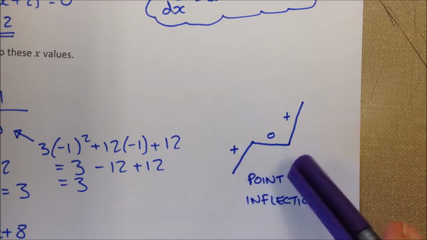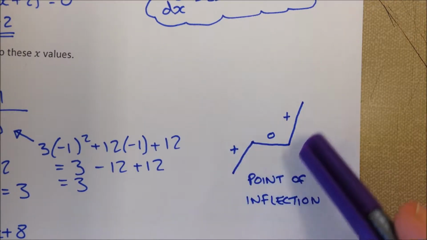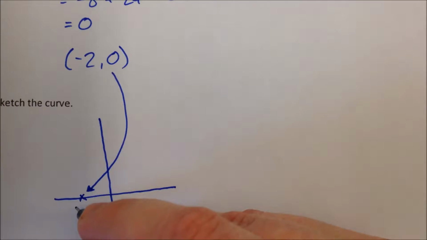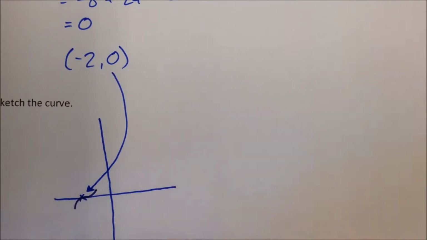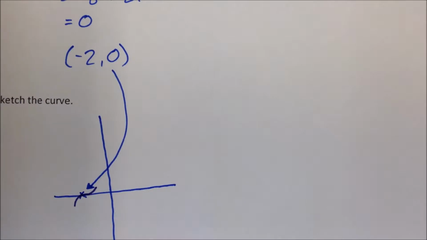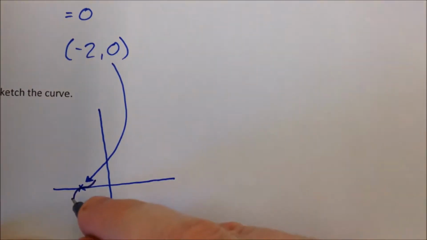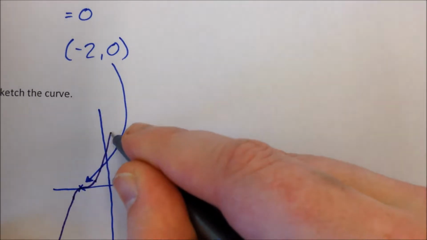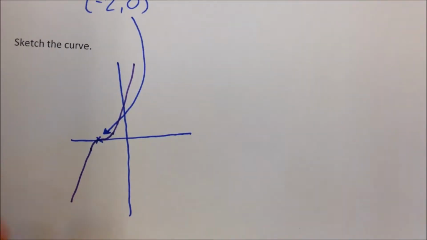It's going to flatline at that coordinate, and then it's going to go up again. So I just like to do a little area around there. I know it's going to go like that, and then I'll flesh that out a little bit more. So basically I know my graph looks something like that, and that's the end of that question.